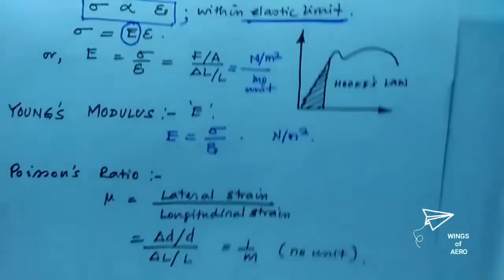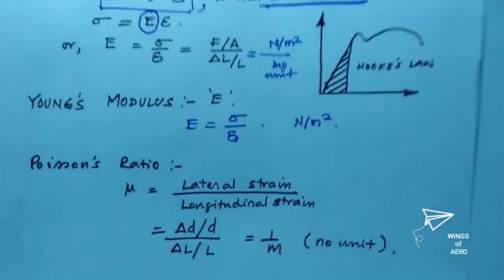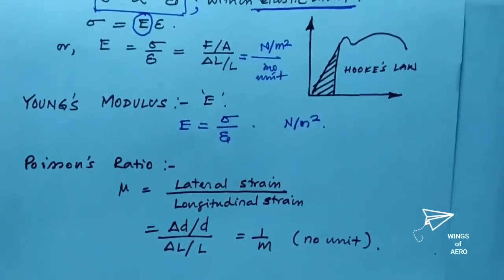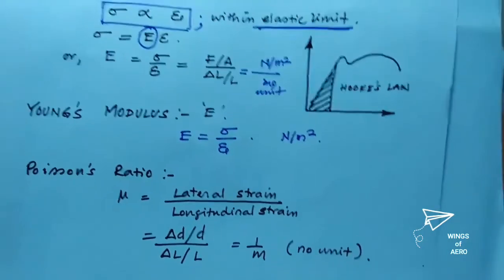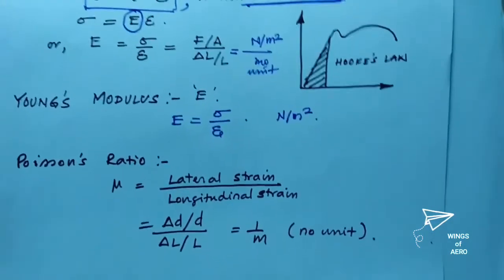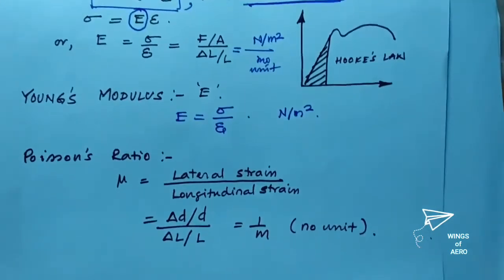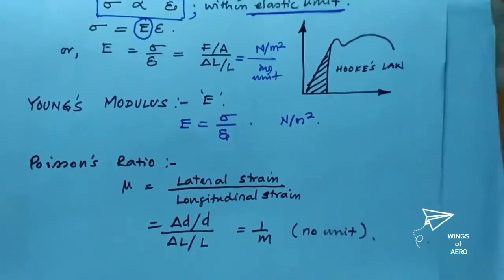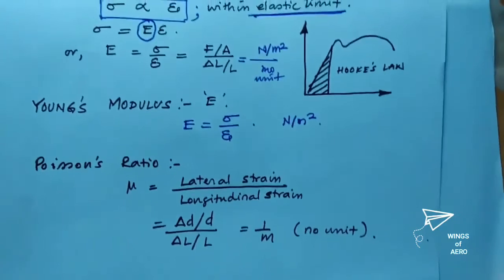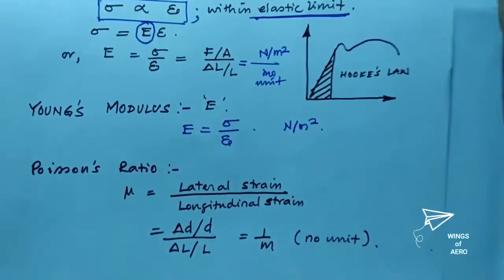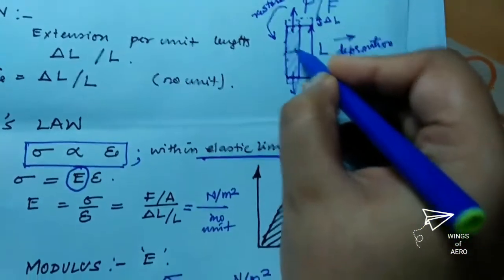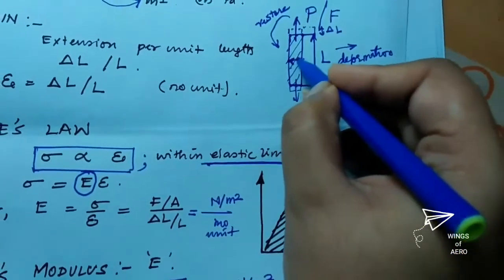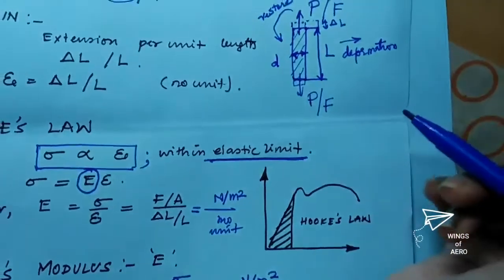Now let's focus on another ratio called Poisson's ratio. It is denoted by the letter mu. Mu is the ratio between the lateral strain and the longitudinal strain. What do you mean by lateral strain? See this figure again, which considers a circular cross section of diameter d.